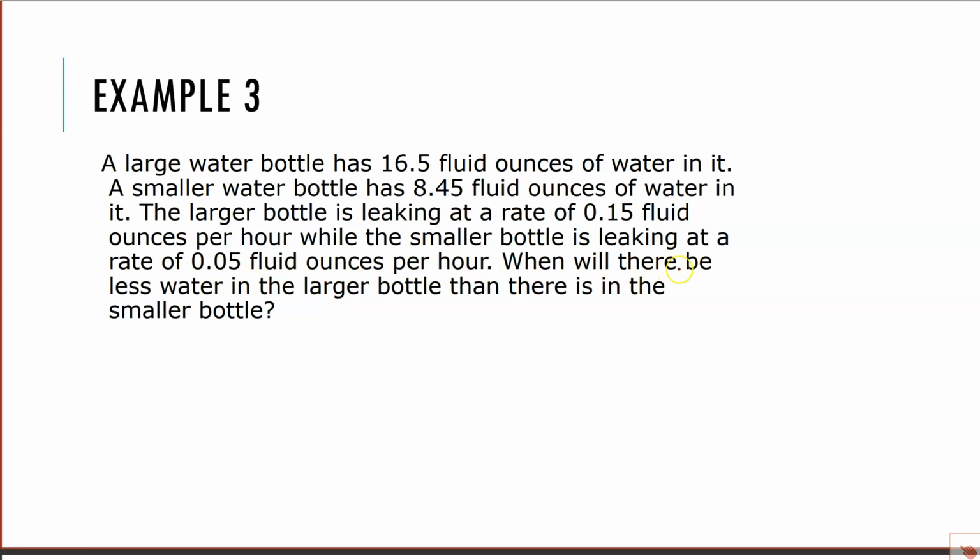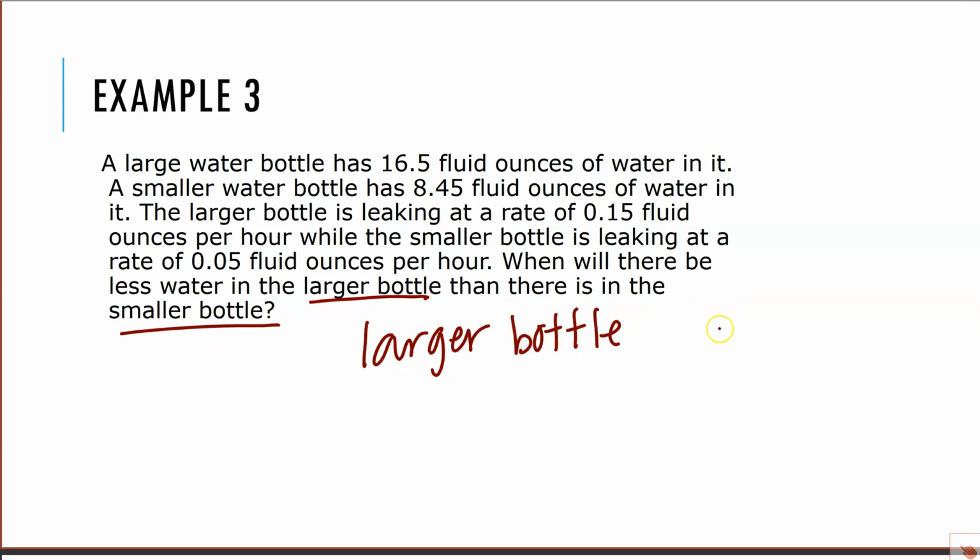When will there be less water in the larger bottle than there is in the smaller bottle? So the two things that they're talking about is the larger bottle and the smaller bottle. So we have the larger bottle and we have the smaller bottle.